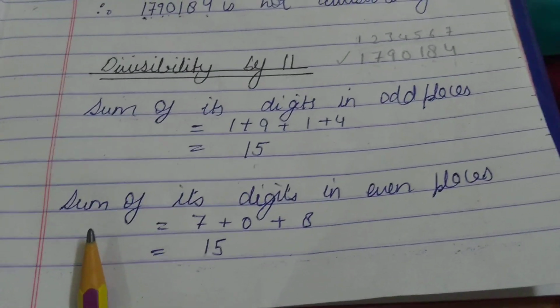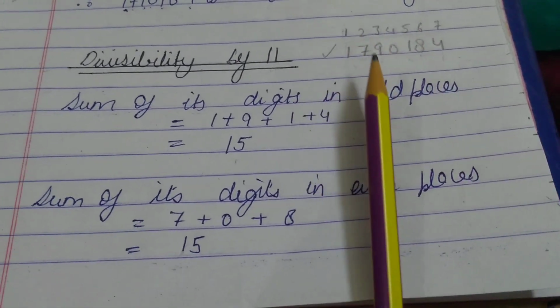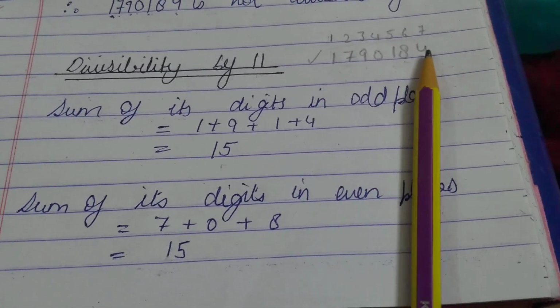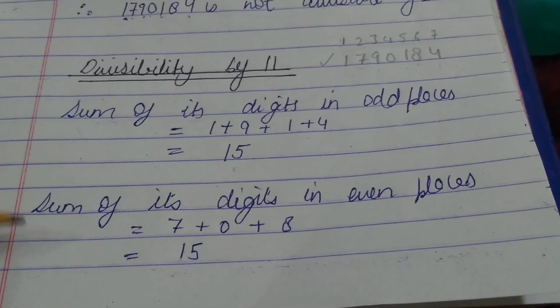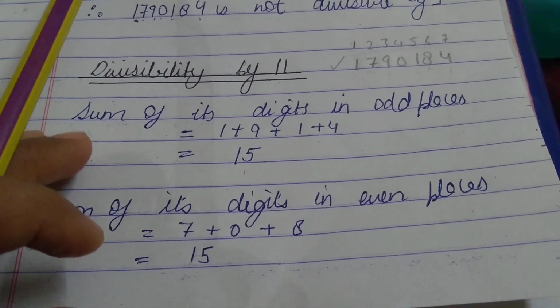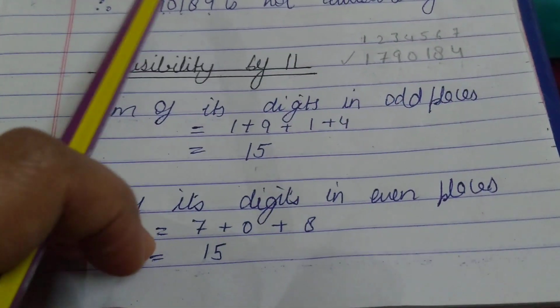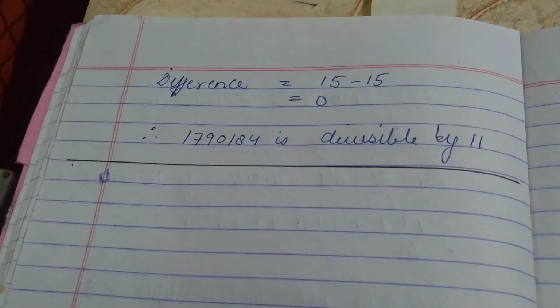Then we will add all the digits in even places, 7 plus 0 plus 8, it is coming 15. Then we will do the difference of these two. 15 minus 15 is 0. It should come either 0 or a multiple of 11. It is coming 0. It means the given number is divisible by 11.